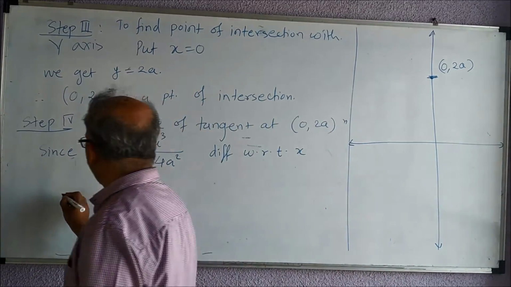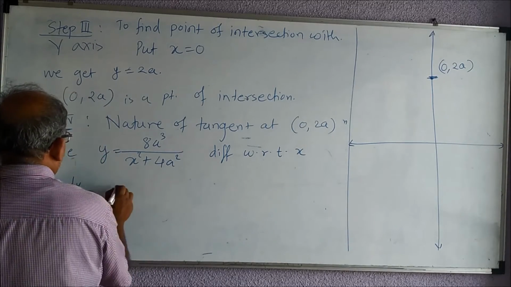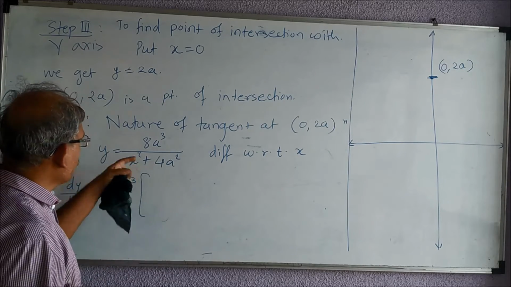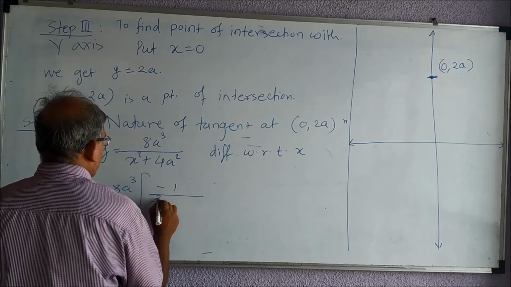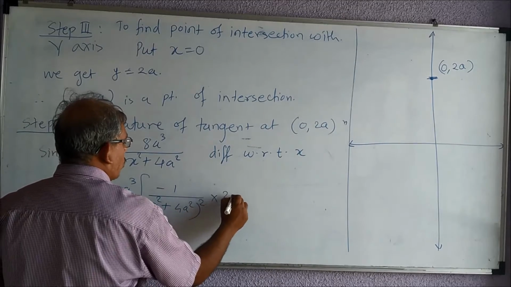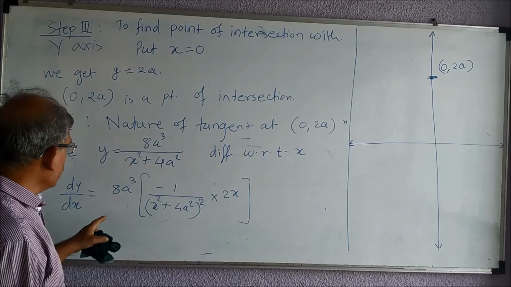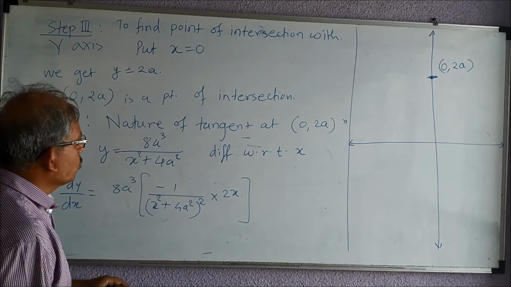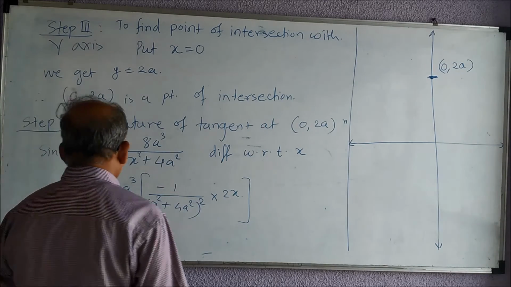What you'll get is dy by dx equal to, now 8a cube is a constant, and this is 1 upon x square plus 4a square, so it is minus 8a cube upon bracket square into 2x. Fine. Now if you put this point (0, 2a), x is 0 and y is 2a. Now x is 0, so this will be 0.